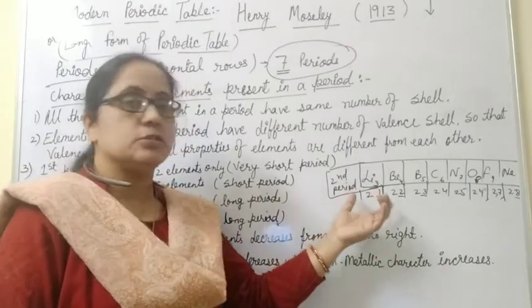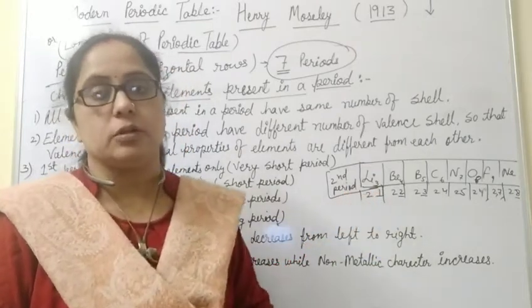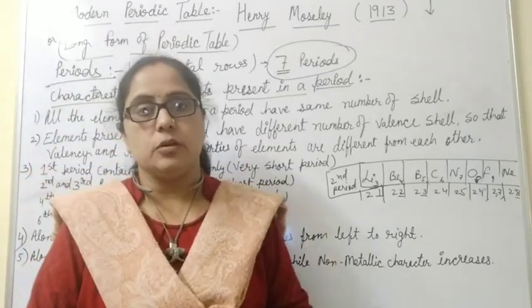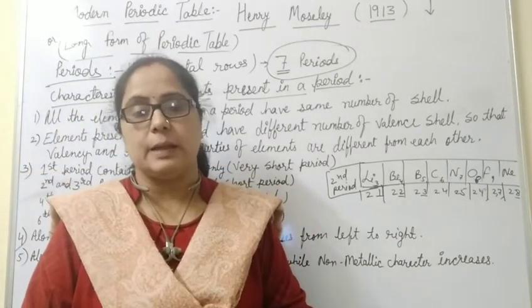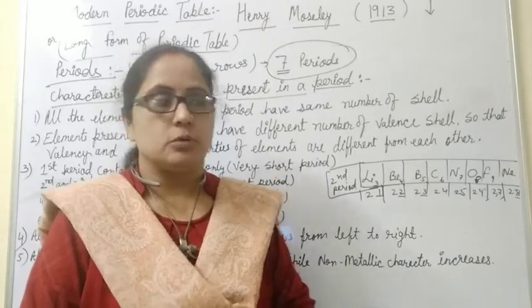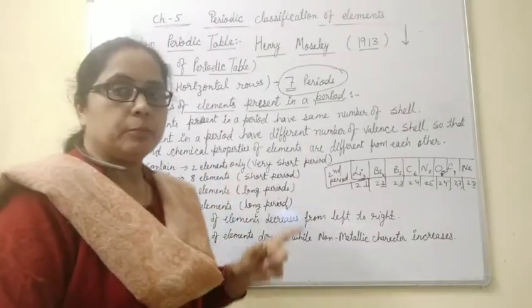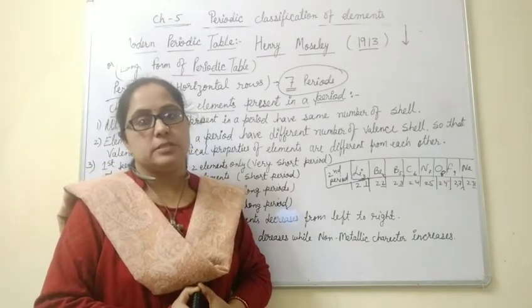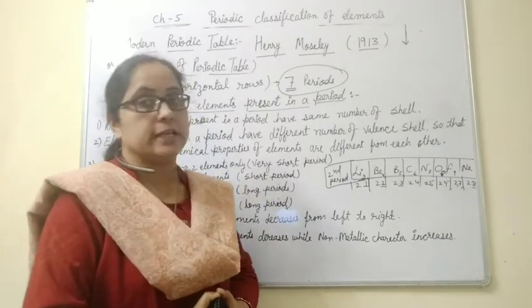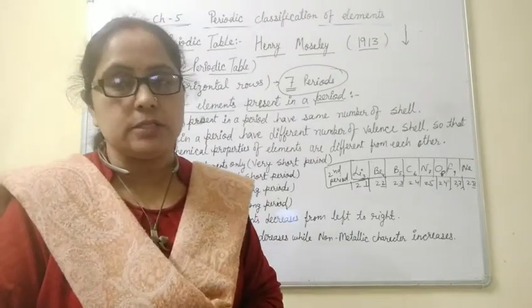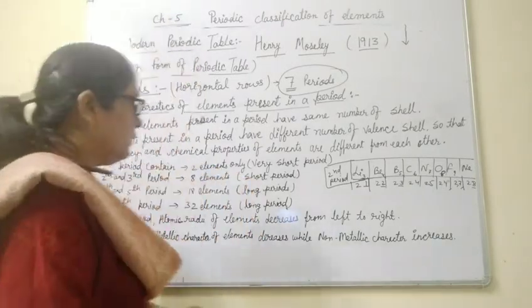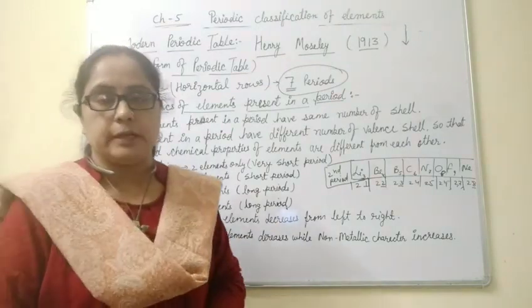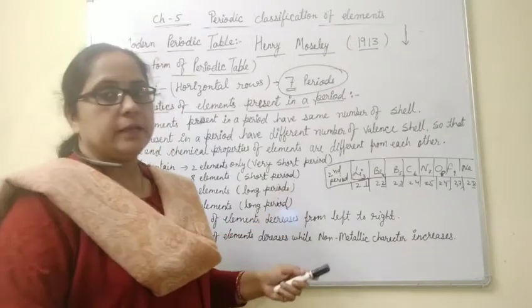Therefore, their valency is also different, and valence electrons and valency decide the chemical properties of an element. So the chemical properties of elements present in the same period are different, because they have different valence electrons and valency.